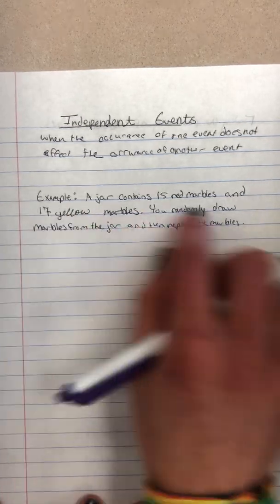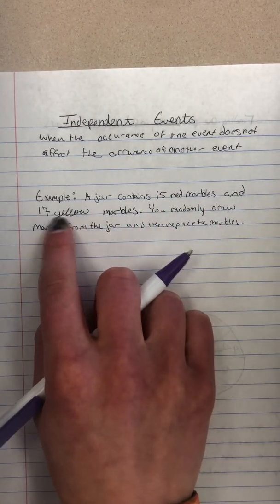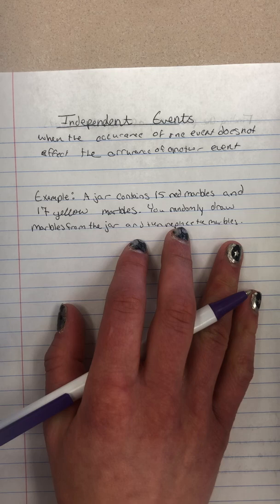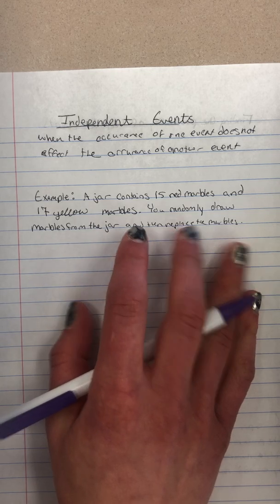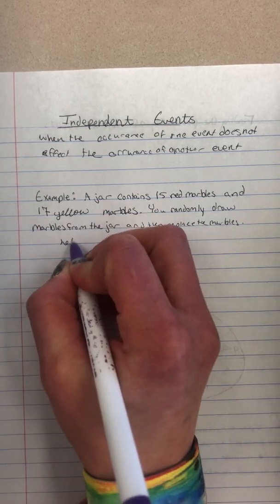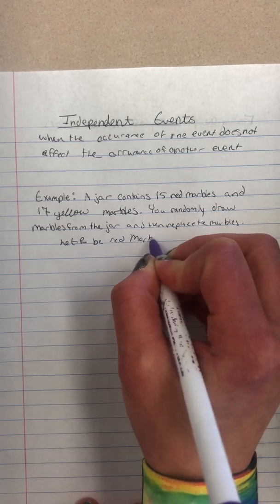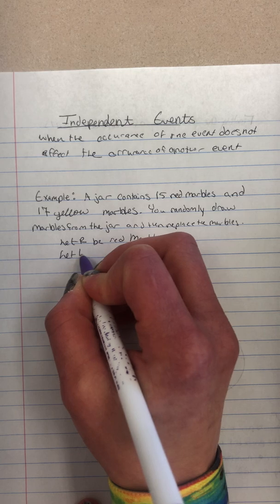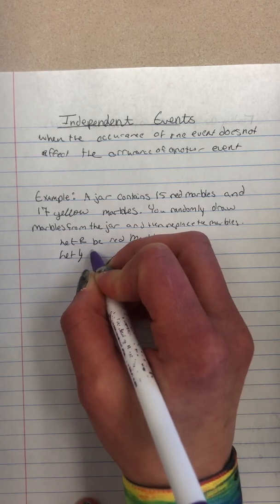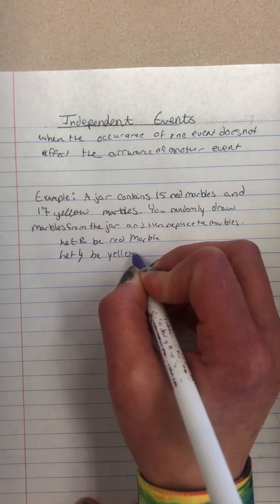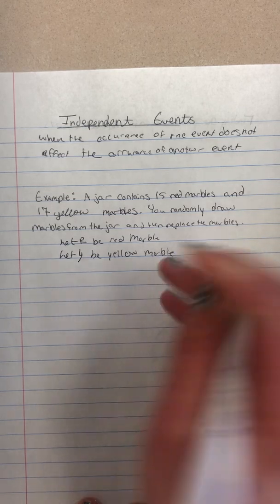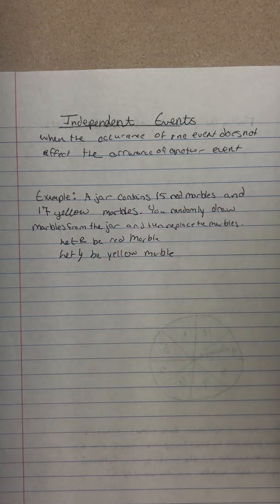So let's look at our example of our 15 red marbles and 17 yellow marbles. Let R be red marble, and let Y be yellow. So R is the red marble, Y is the yellow marble.